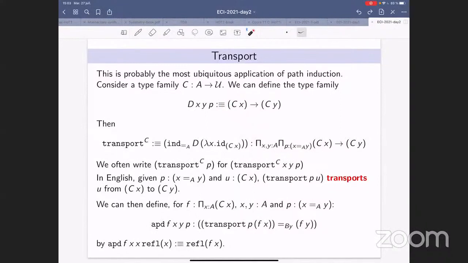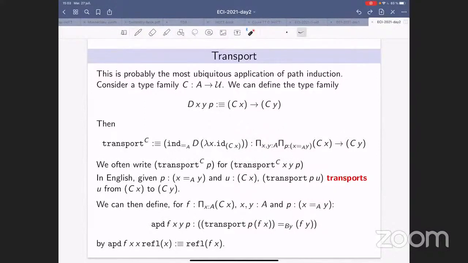So this is correctly typed. If I apply the induction to D and to this function that takes X to the identity on CX, then the induction principle tells me that I have a general function that takes X, Y, P and returns a function from CX to CY. And this is the function that I call transport.